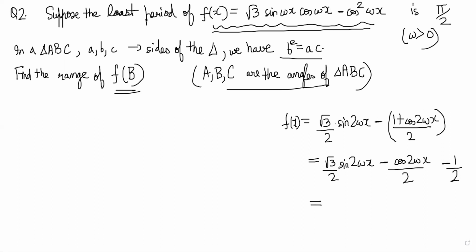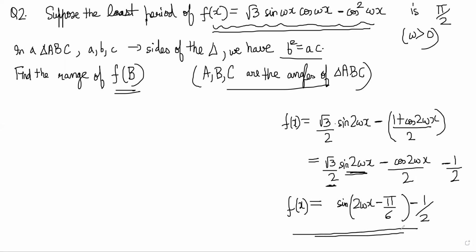By a simple identity, we can write this part as cos pi by 6 times sin 2wx and sin pi by 6, which is half, times cos 2wx. So this becomes sin of (2wx minus pi by 6) minus half. That is my function f(x) after simplification, right?